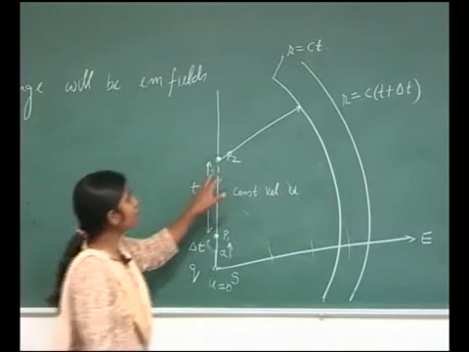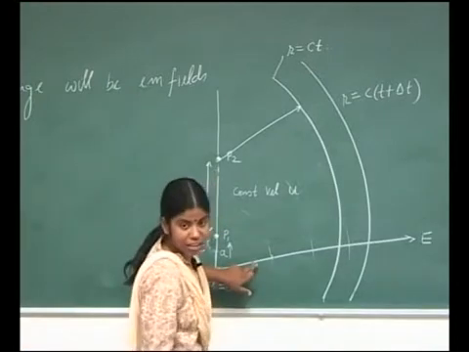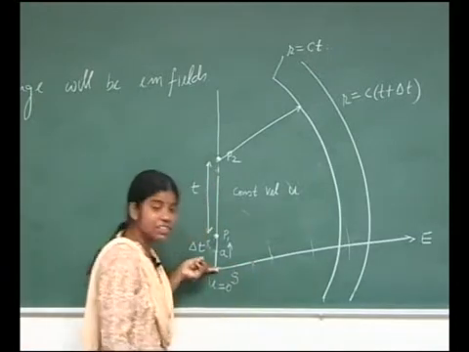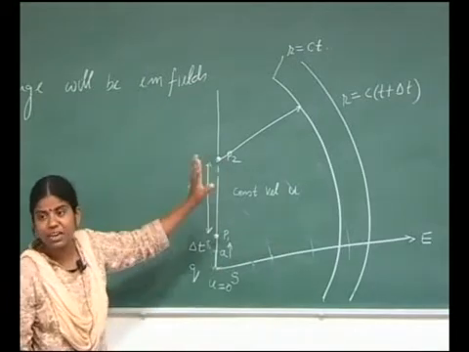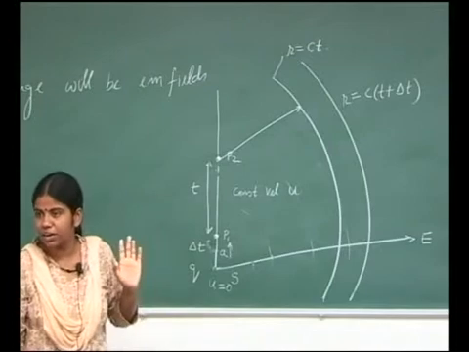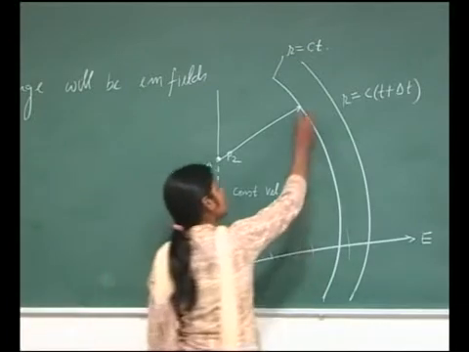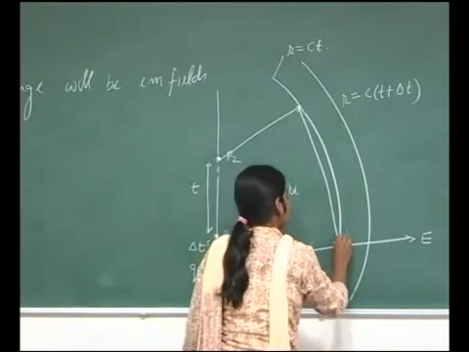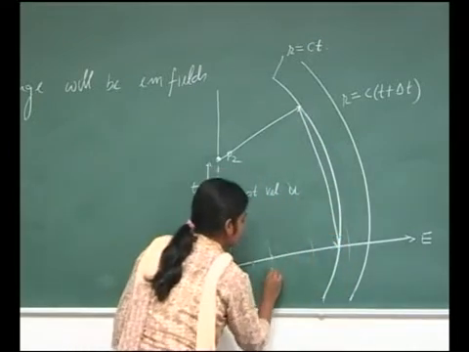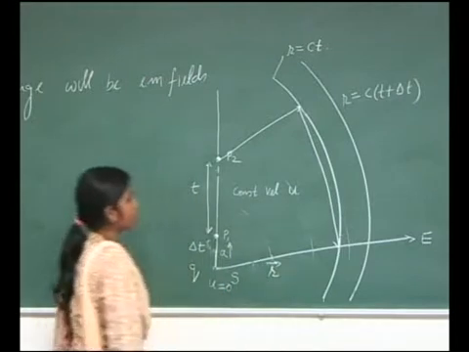So, it means that this field which was at t is equal to 0 and this field which is at t plus delta t should actually be connected. So, this connection I can only draw like this. And I say this is my position vector r.